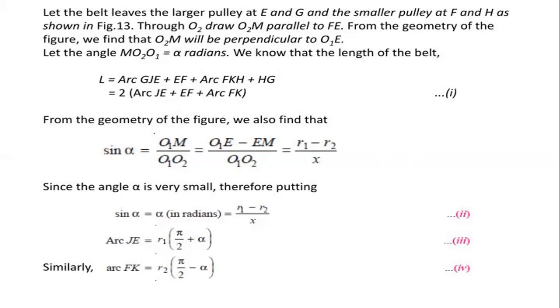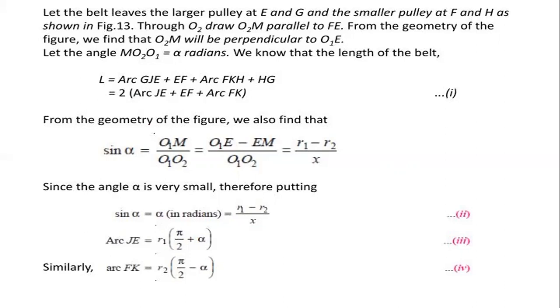Then the total length, capital L, is equal to arc GJE plus EF plus arc KH plus HG.